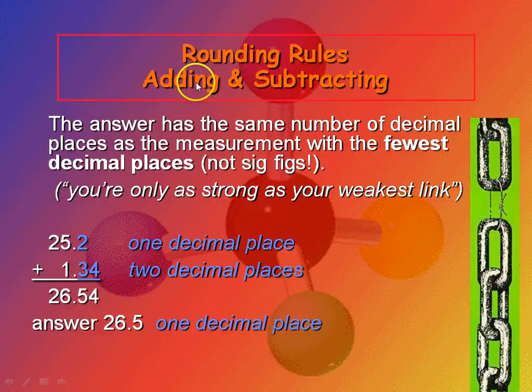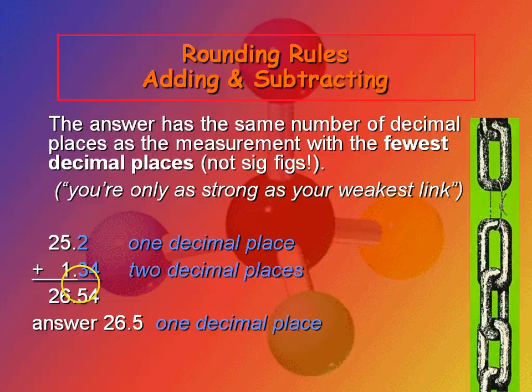So, rounding rules with adding and subtracting. The theme here is that you're only as strong as your weakest link. When we're adding and subtracting, we look at the number going into our calculation with the least number of decimal places, and that's how we decide how far out we are going to round.